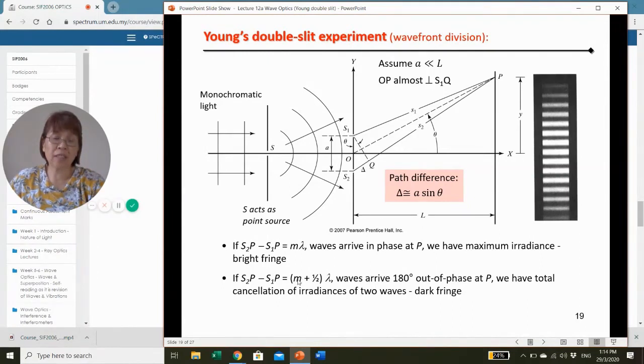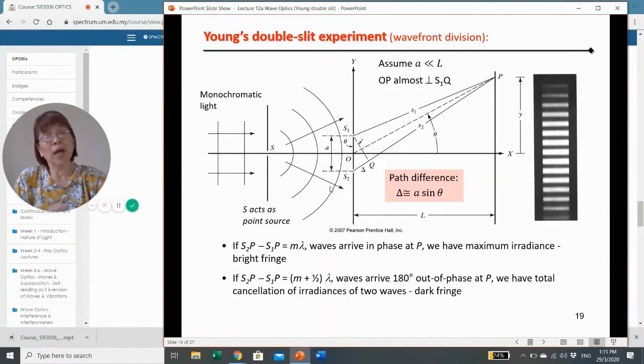Okay, this would be half, then 3/2, and then we have 5/2, and the next one will be 7/2 lambda. So in other words, as point P moves to different positions along the screen, you'll find constructive interference, destructive interference, constructive interference if they meet these conditions.